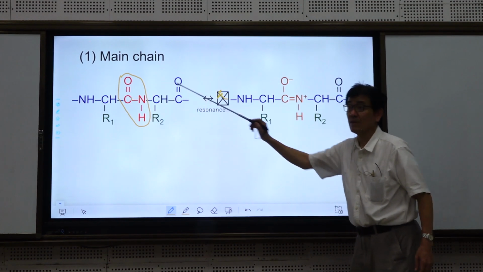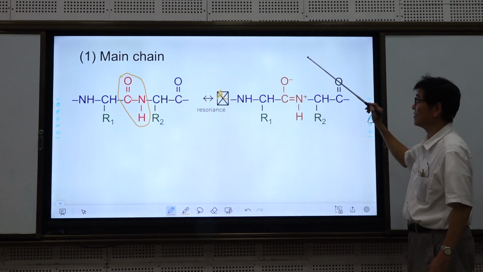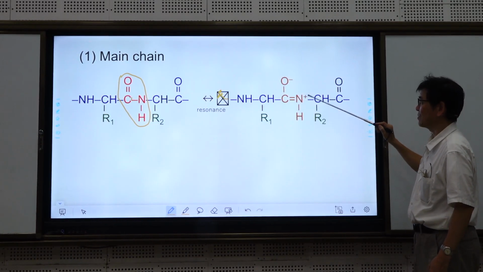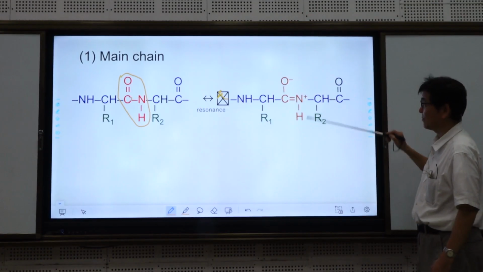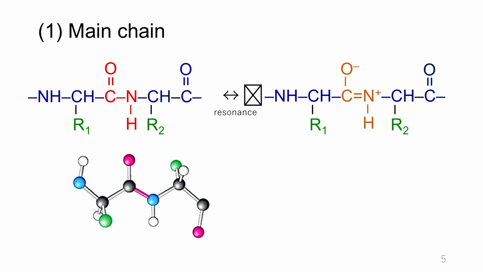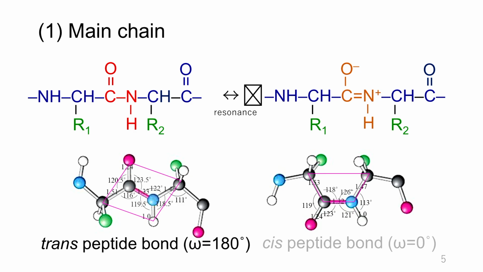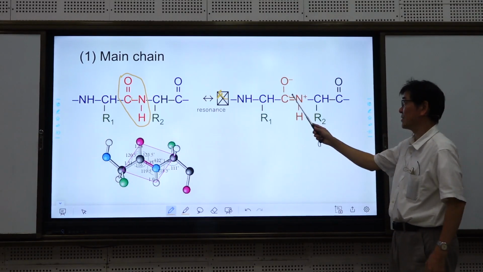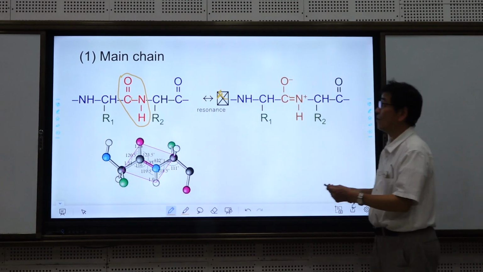And this part has a resonance structure: O minus, C single bond, CN double bond, N plus, and NH. For this reason, the CN single bond has the character of a double bond to some extent.